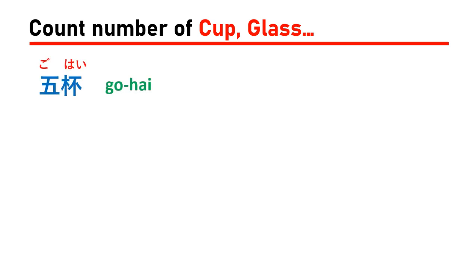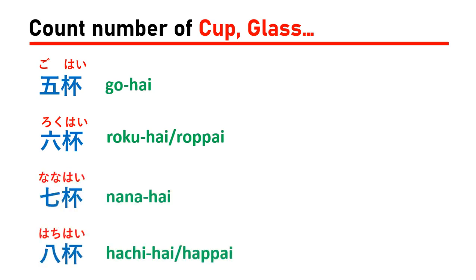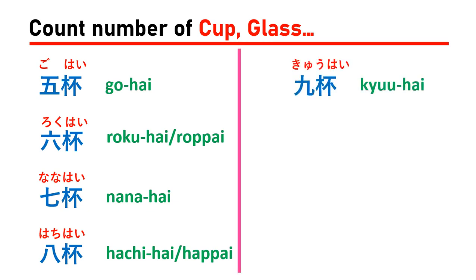Gohai, rokuhai. Or you can say roppai, which has the same meaning and uses the same kanji. 7杯, 8杯, 9杯, 10杯.